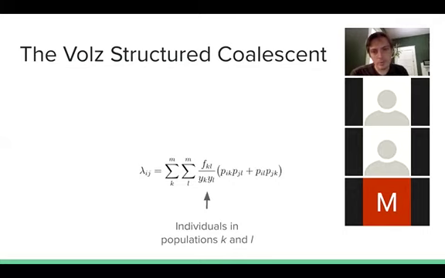What this Y_K and Y_L term represents is a general way of representing the population sizes in populations K and L. Y_K Y_L represents the total number of pairs that we could form between individuals in population K and population L, similar to the I squared term that we had in our simple unstructured model.